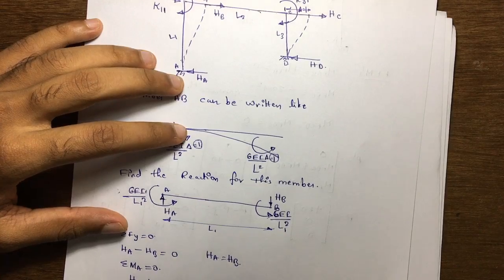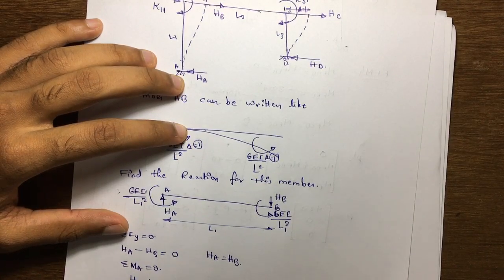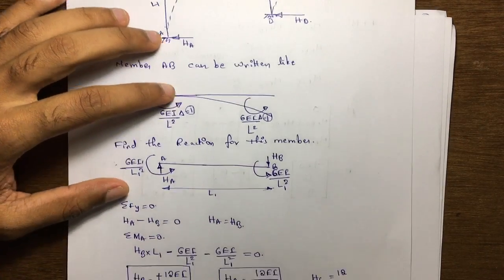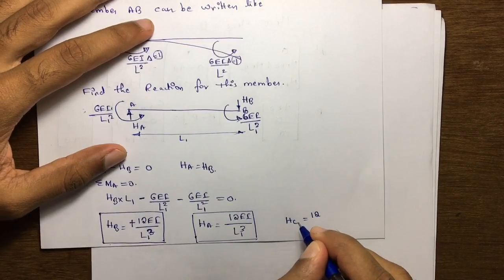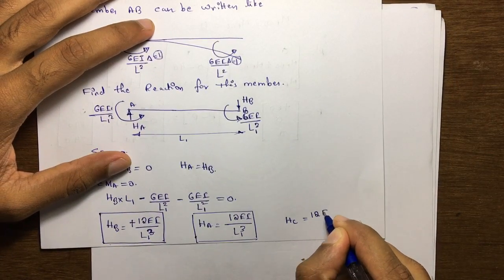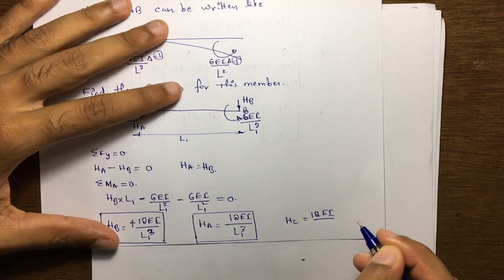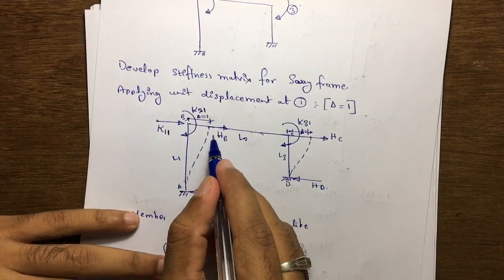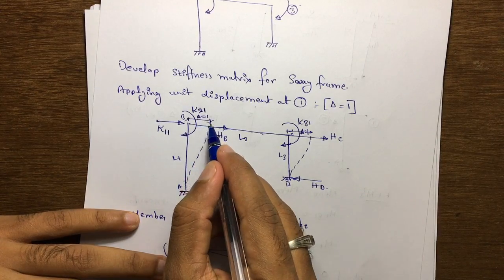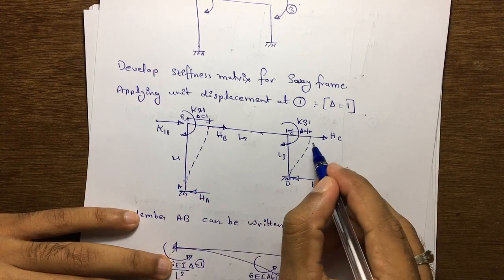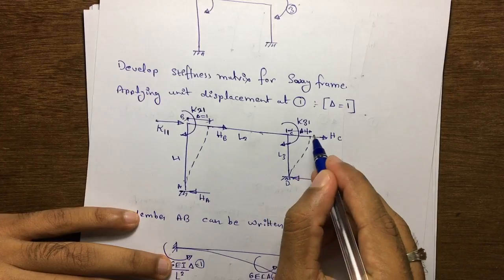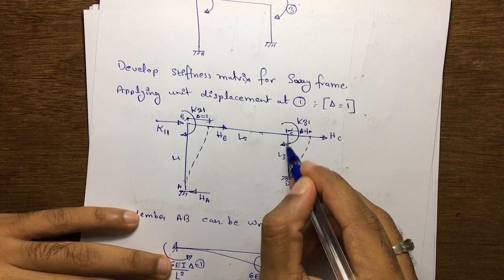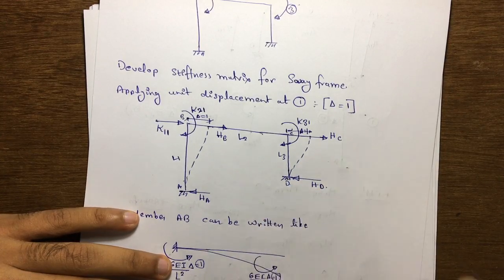For HB it is 12EI divided by L1 cube, and similarly for HC it is 12EI divided by L3 cube.